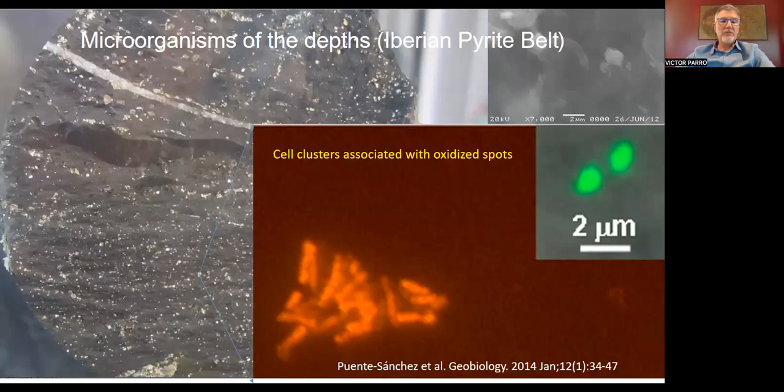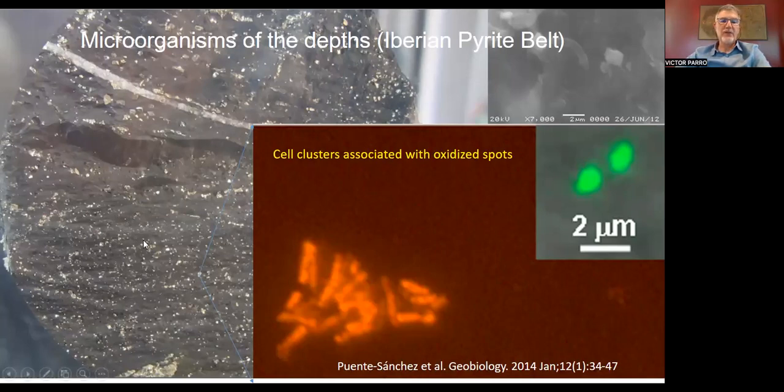So one of the key points is that life, as I said before, is very irregularly and heterogeneously distributed, and we identified, like in this case, small clusters of cells that were mainly associated with these brownish yellow thin spots in the middle of the core samples, where you can see plenty of pyrite, this bright spot in the rock.